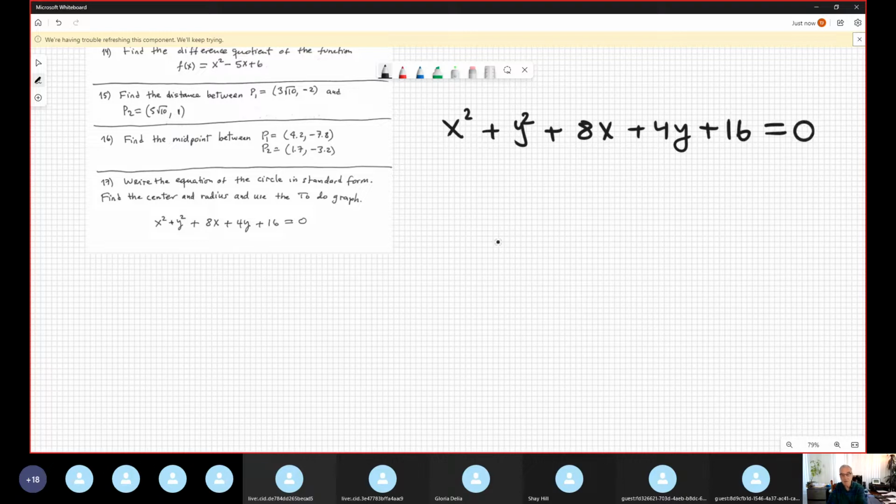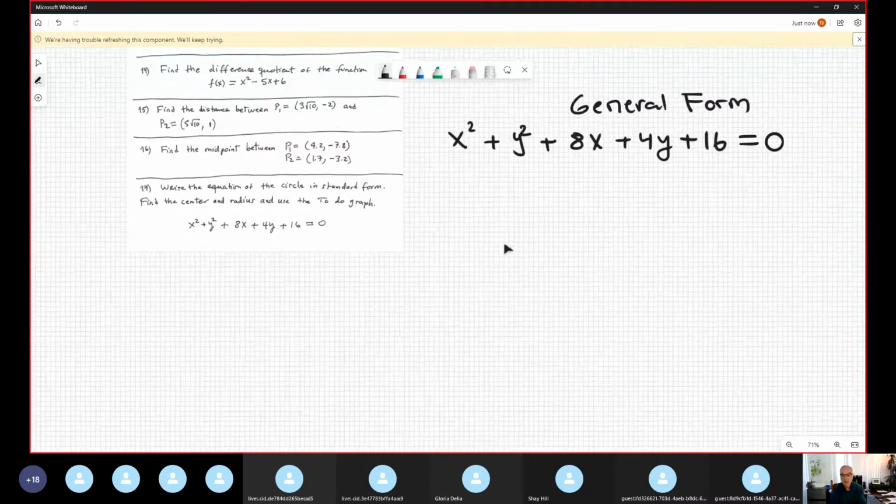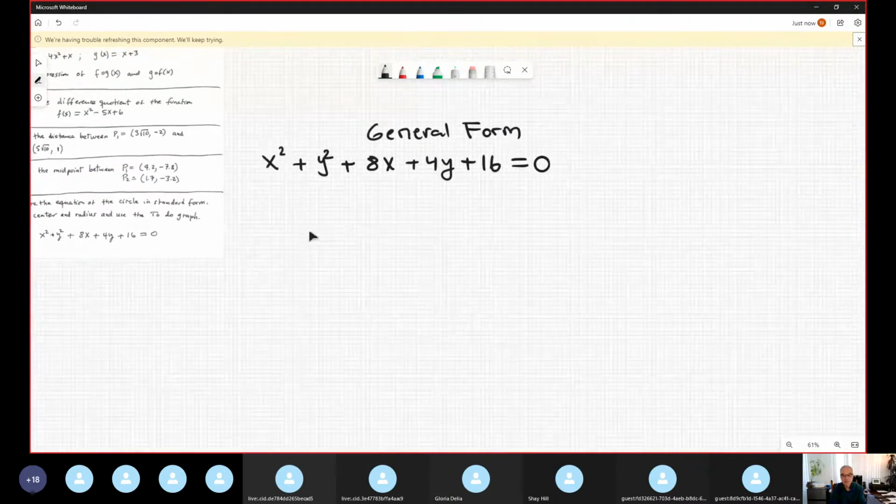Unfortunately, they are bad guys. They always give me the general format, but I need to transform it immediately into the standard format.